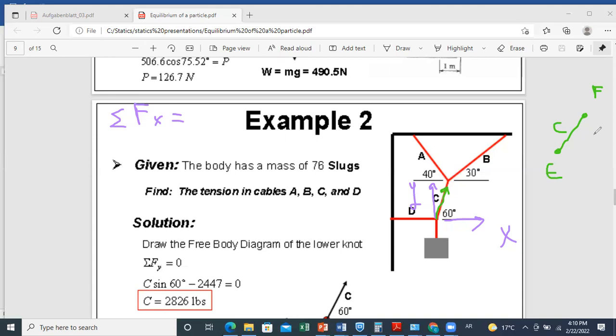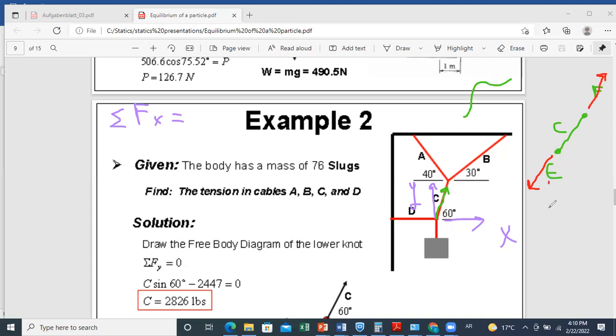A cable is always subjected to tension, because it cannot withstand compression. If we apply compression to it, it will deform, okay? So a cable in equilibrium can only be subjected to tension. If a cable is in tension, this means that E is pulling it down and point F is acting on it upward, okay?